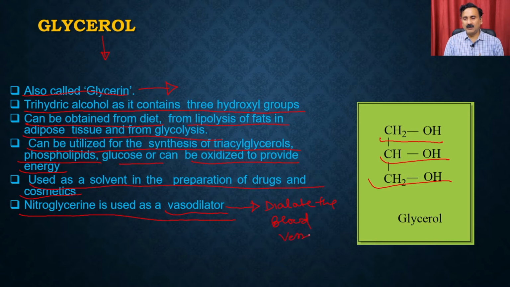You can imagine that if somebody has a heart-related or cardiovascular disease, their blood vessels are going to narrow down because of internal clots. If you provide nitroglycerin, it dilates these blood vessels, and that's how the blood flow becomes greater in these vessels, and that gives some relief to these patients.